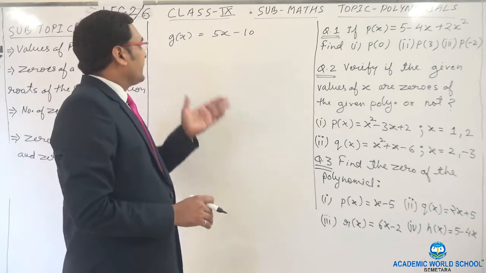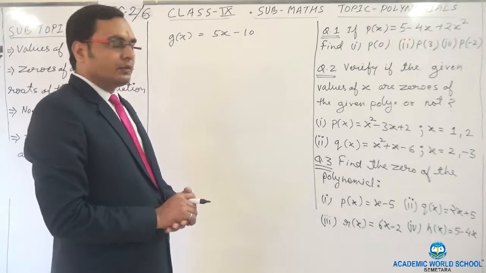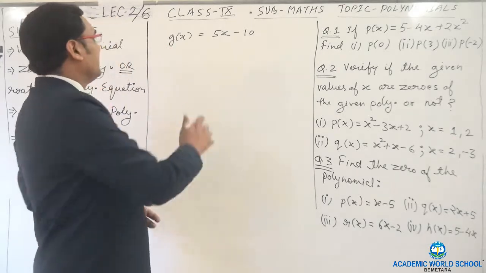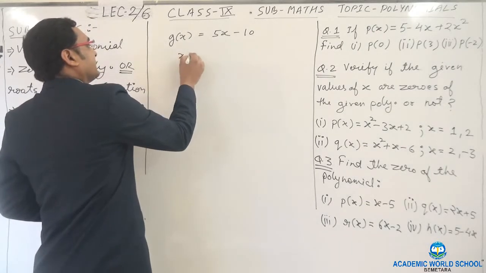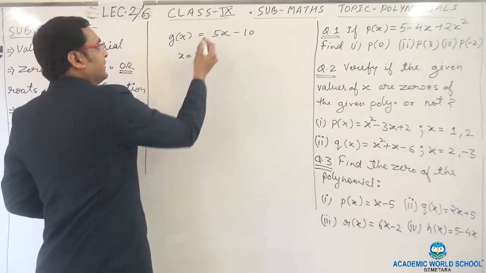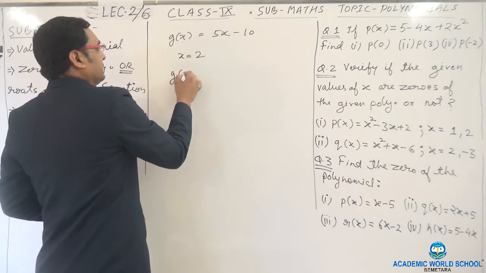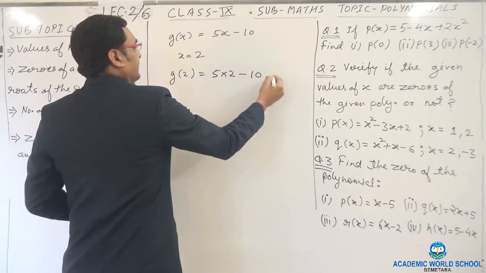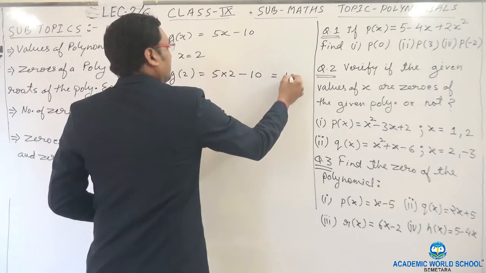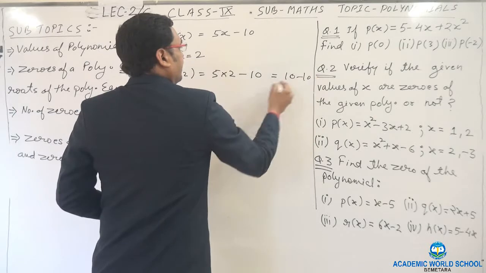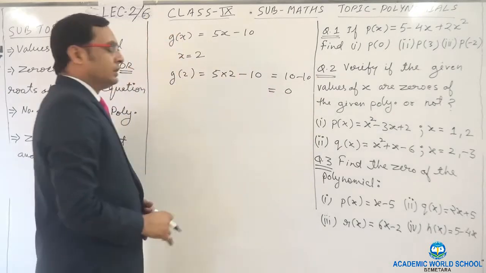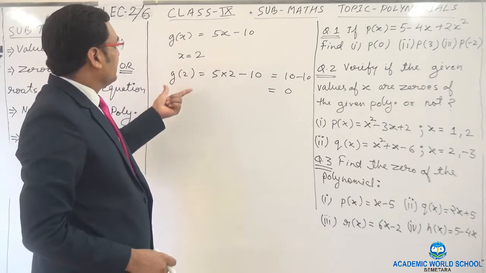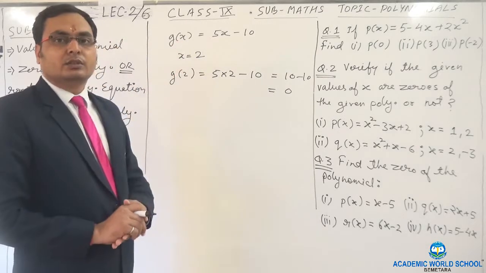But for any value of x for which the value of this polynomial becomes 0, for example, if I put here x is equal to 2, then what will happen? g(2) is equal to 5 into 2 minus 10 that is equal to 10 minus 10 which is equal to 0. So for x is equal to 2, value of this polynomial is equal to 0.